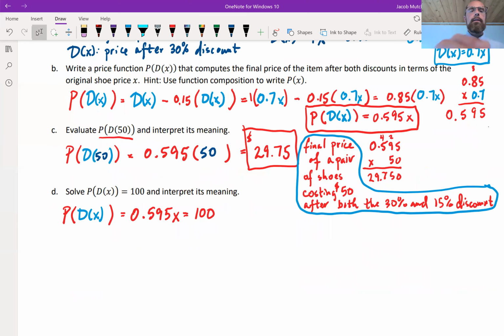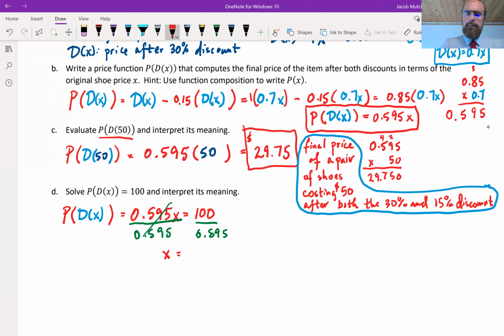So algebraically, what I need to do is divide by 0.595 on the left, and also divide by 0.595 on the right. So that cancels on the left, and we're going to get X equals some value.